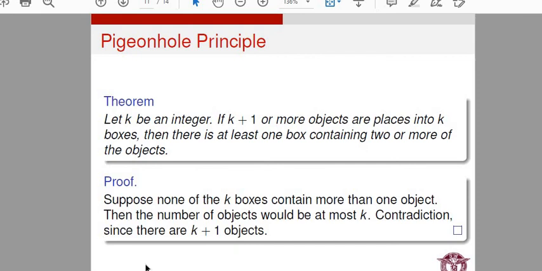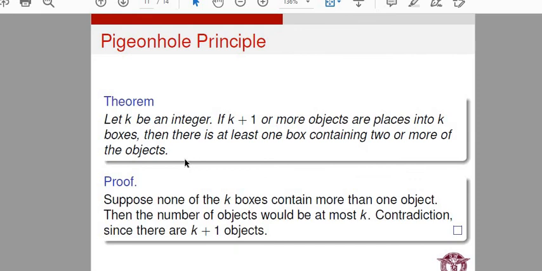Okay, so let's understand it. Let us take an example. We have 5 boxes, and 5 or more objects are placed into these 5 boxes. Then there exists at least one box containing 2 or more of the objects, right? So that is the pigeonhole principle.